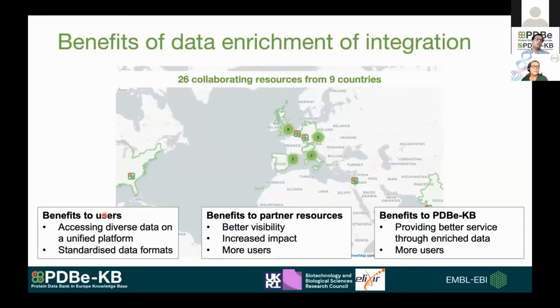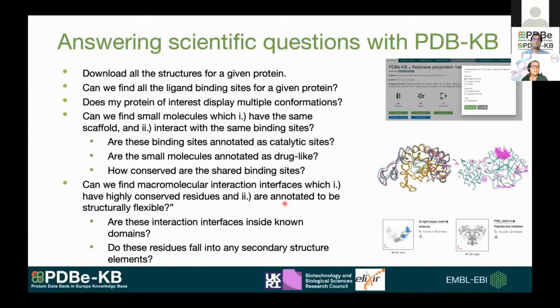And of course, the users benefit because they can access this diverse data from these niche data resources through a unified platform and also through standardized data formats. And so you don't have to learn different types of APIs or how to access data. And at the moment, there are 26 resources collaborating to provide this information from 9 different countries.